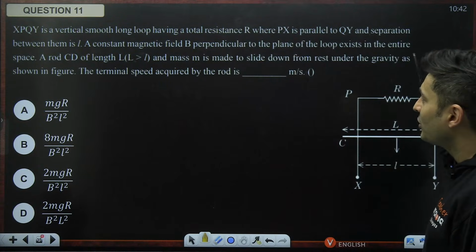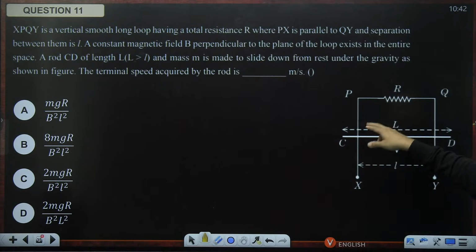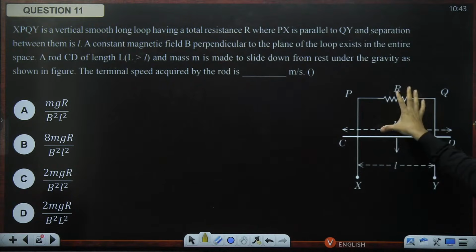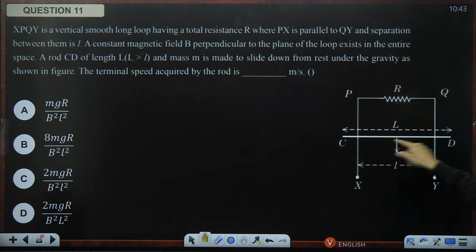There is a smooth long loop having resistance R, Px is parallel to Qy. Separation is L, resistance is R, a magnetic field is there, and the rod of length CD is falling down with gravity. What is the terminal speed?